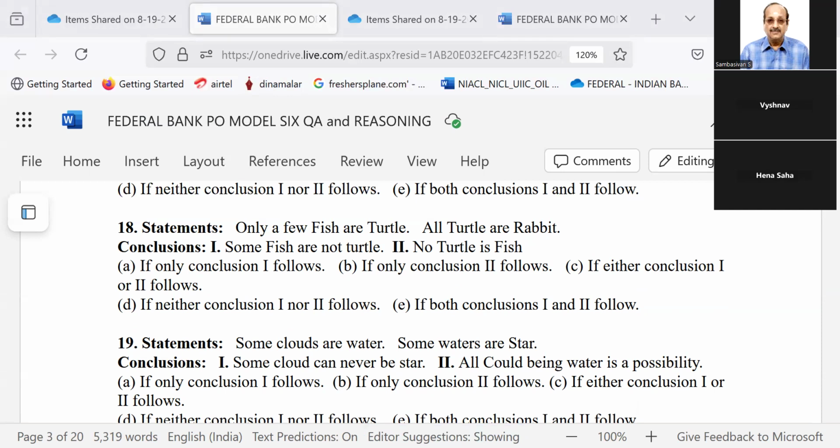Syllogism. Five-year question papers are there with us. This was done in 21, long back.